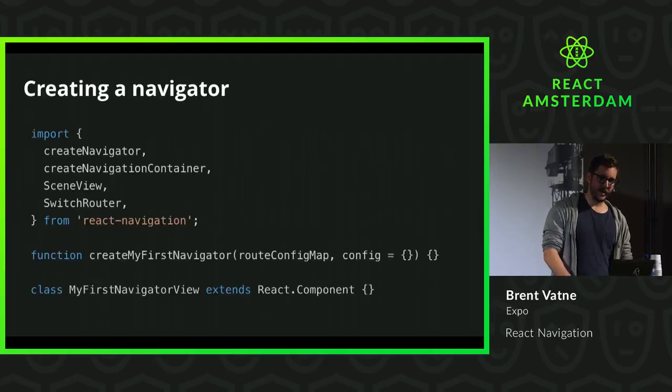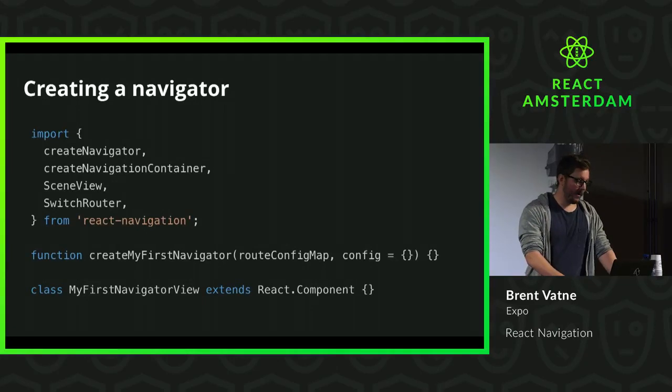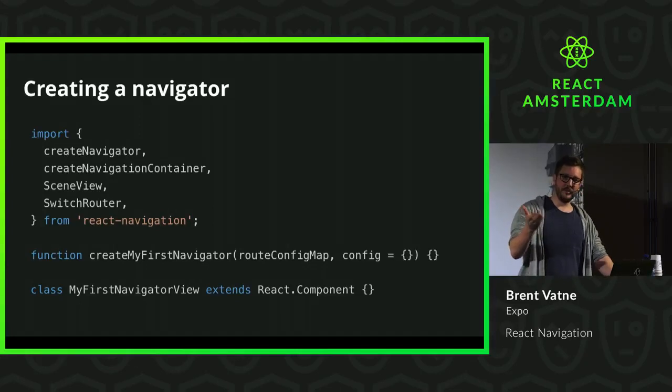So if we were to create our own version of this navigator, what we could do is import these various functions from React Navigation and then put together some placeholders here. So create my first navigator, that would be equivalent to the definition for the function createSwitchNavigator. And then we're just going to create a placeholder navigation view.